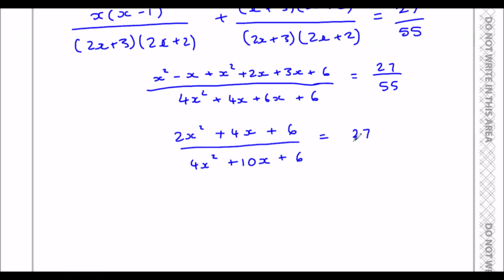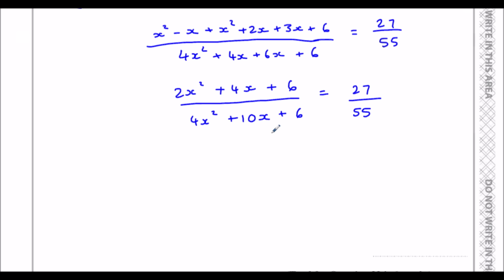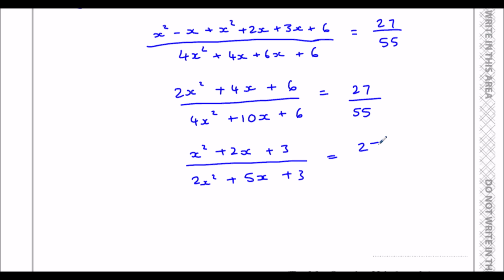And that's equal to 27 over 55. I can half top and bottom to make it a little bit easier. So x squared plus 2x plus 3 over 2x squared plus 5x plus 3 equals 27 over 55.